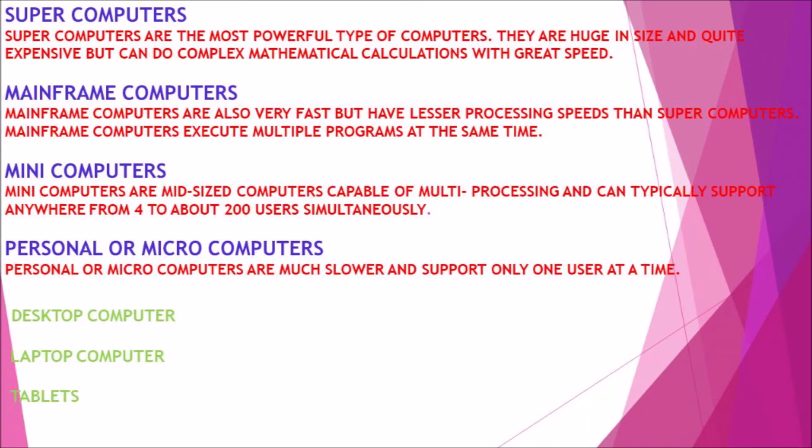The general purpose computers are classified on the basis of size and processing capacity. Some of the computers may process more applications or more programs. So based on the size and the processing capacity, the general purpose computers have been divided.